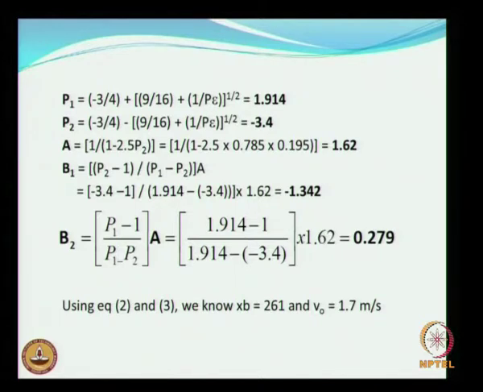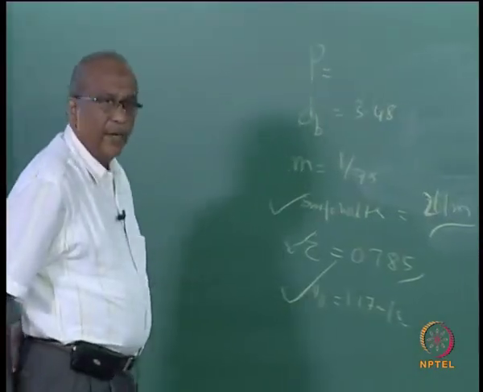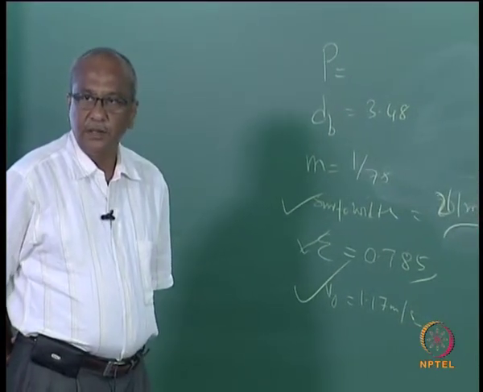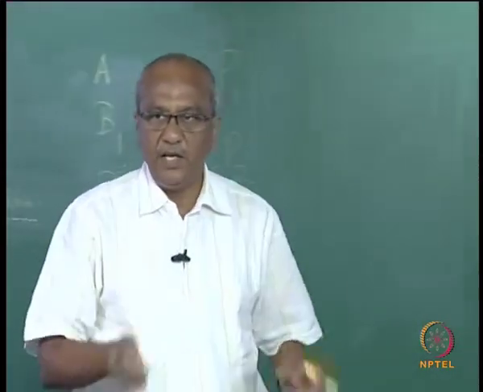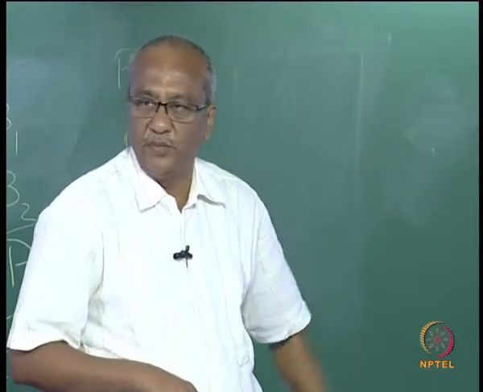You already have evaluated xb, that is the surf width, as well as your velocity. What else do you want? You have an expression which can be straight away used with the values for all the different coefficients.